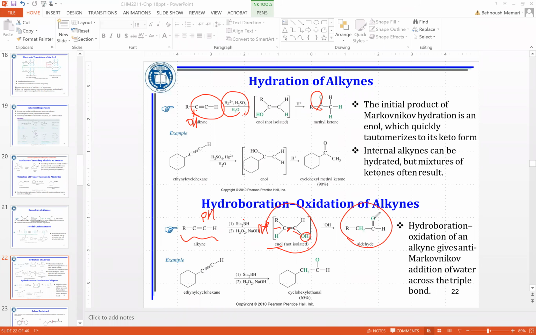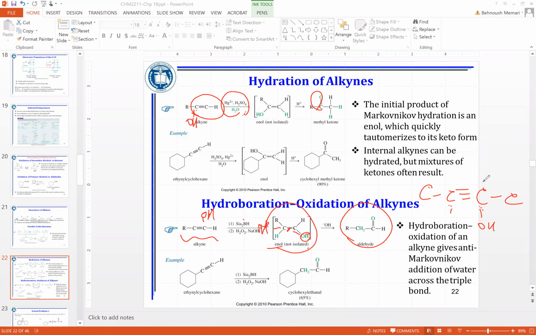Now, what happens if you don't have a terminal alkyne and you have an internal alkyne? As a review from Organic 1, when you have an internal alkyne, OH can be added to the first carbon or second carbon, and it can go through tautomerization as well, but you get a mixture of two products.